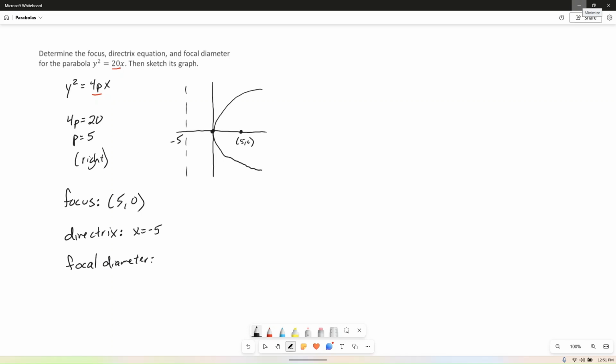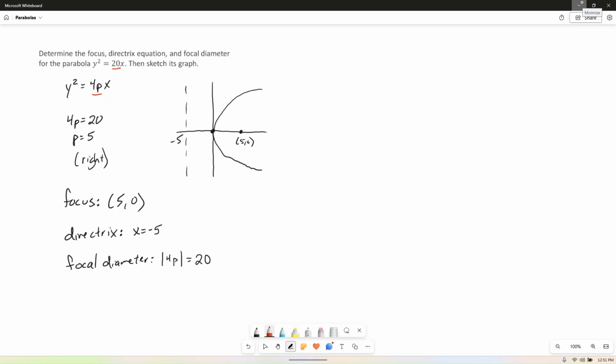And we saw in the last example, the focal diameter we could think of as the absolute value of 4p, which if we look at the graph, the 4p was equal to 20, or positive 20. We don't need the sign there. So 4p is equal to 20, which means the focal diameter is equal to 20.